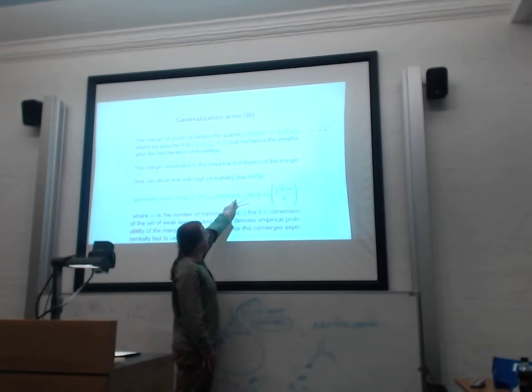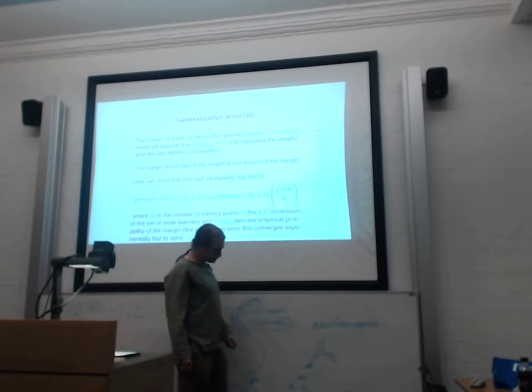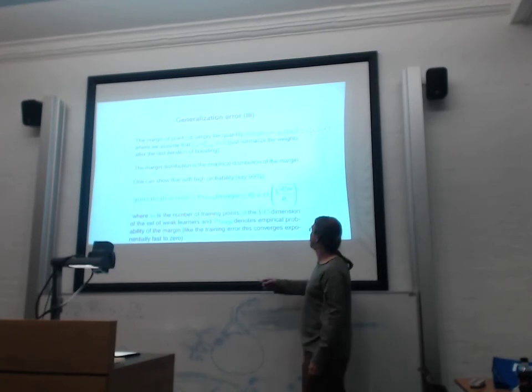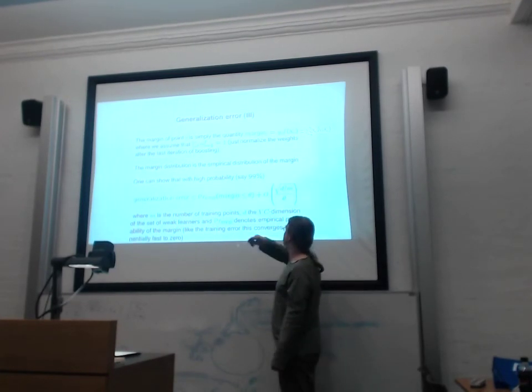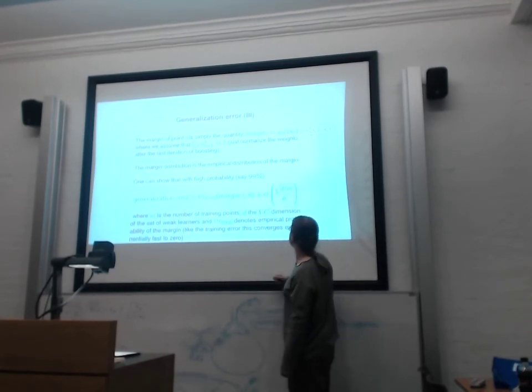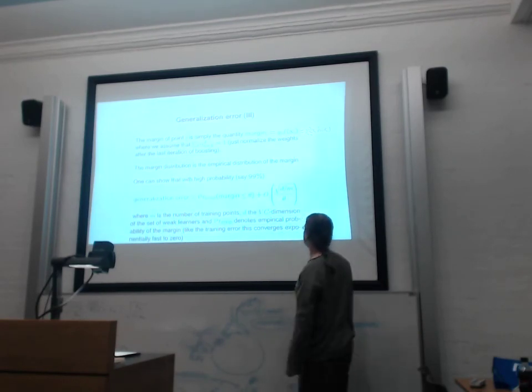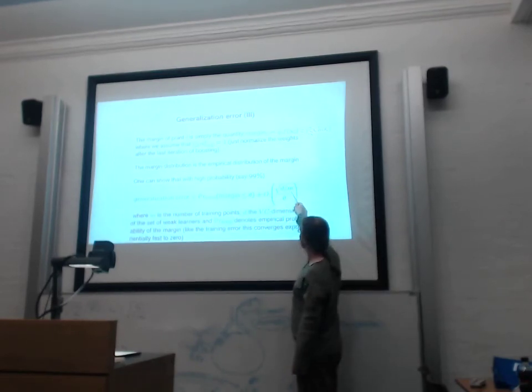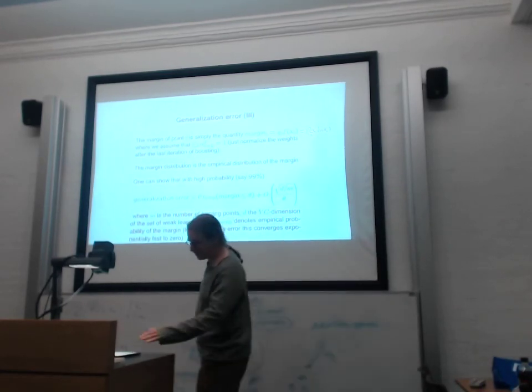We look at our value of the margin. If this margin is bounded above by theta, then our generalization error on the new data tends to be bounded by this term.